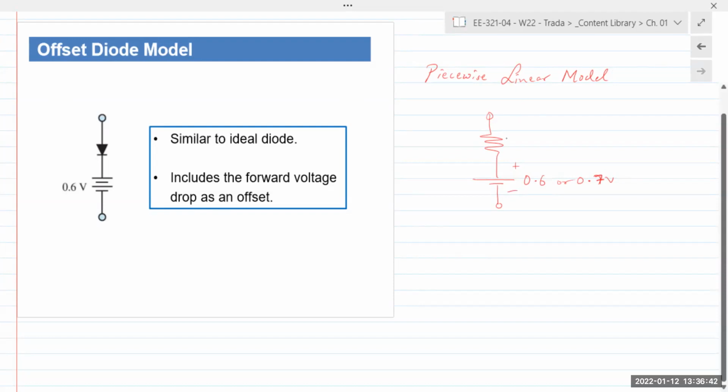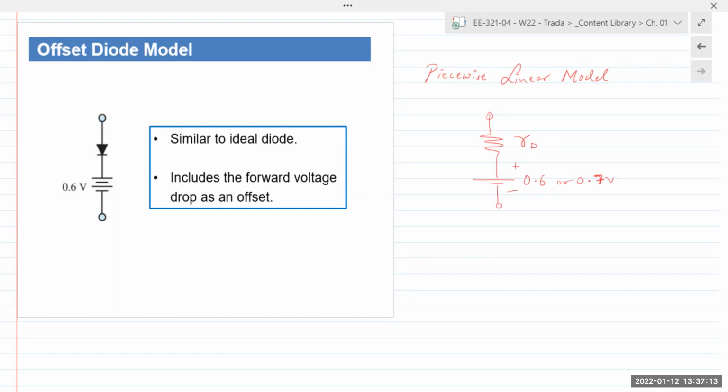So the piecewise linear model basically has a diode resistance in the forward bias. We call it RD, and then it has a voltage source or a battery of 0.6 volts. So wherever we had the diode on or off, this 0.6 volts would need to be accounted for, which basically accounts for the threshold voltage that is required to turn on the diode, right?